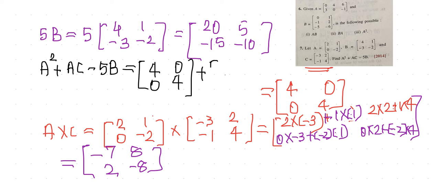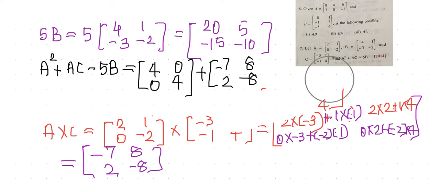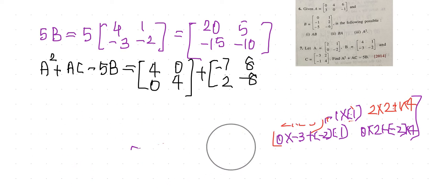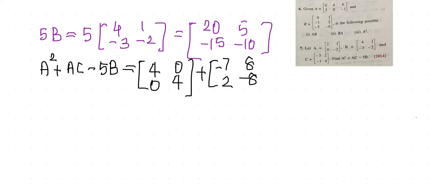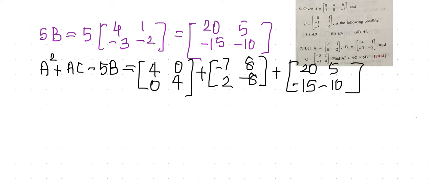AC is equal to, you have calculated, minus 7, 2, 8 and minus 8. Now we will be writing down how much 5B is equal to, children. We have calculated 5B as equal to 20, minus 15, 5 and minus 10.